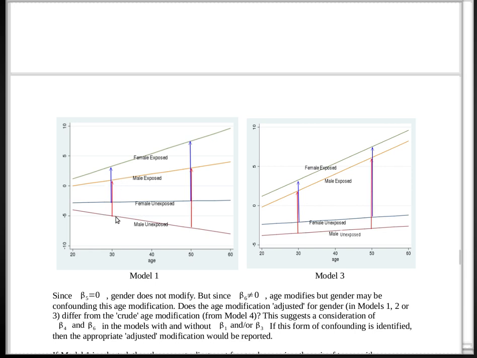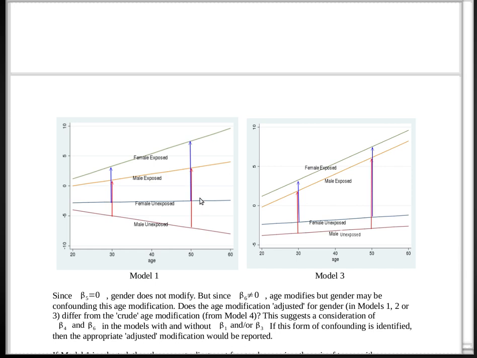So these two lines are the same width, and these two lines are the same width. So the way I've drawn this, the red line and the blue line are the same length, and the same thing here. The blue line and the red line are the same length.